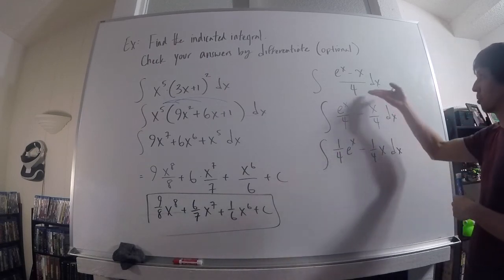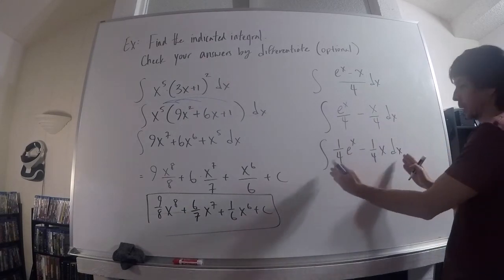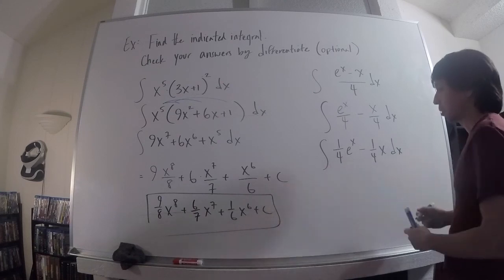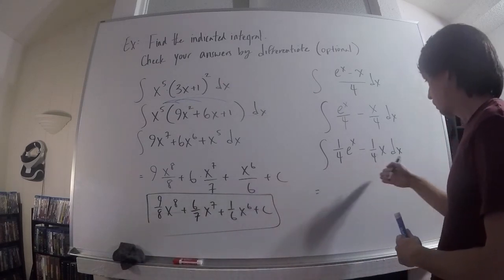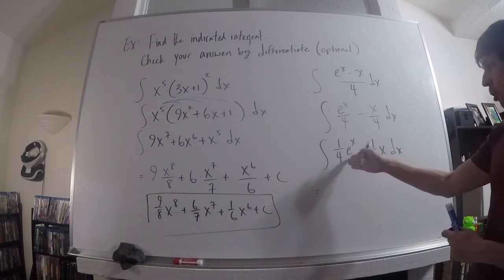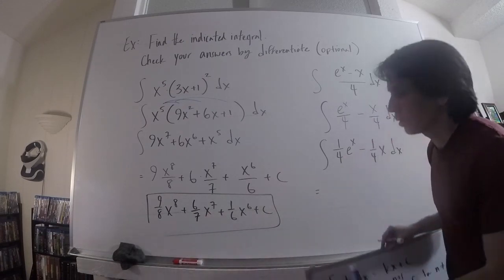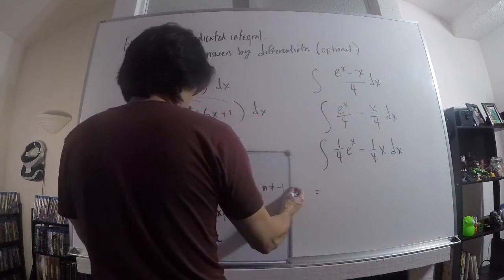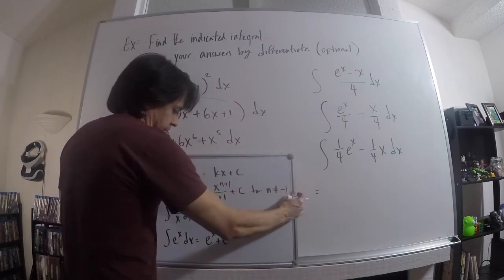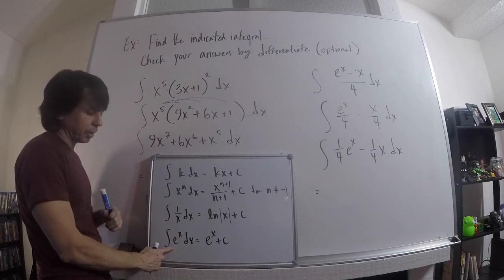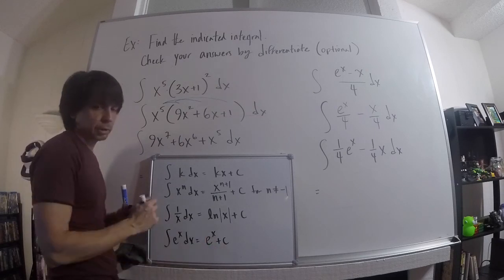Because I'm just rewriting it in a different form, I'm still keeping my integral symbols there until I'm ready to take my antiderivative. And I'm ready to take my antiderivative, so here I'm going to drop that notation and start working my antiderivatives. Let's see what I've got for e to the x, my first exponential. Because the derivative of e to the x is just e to the x, the antiderivative of e to the x is e to the x plus the constant of integration.